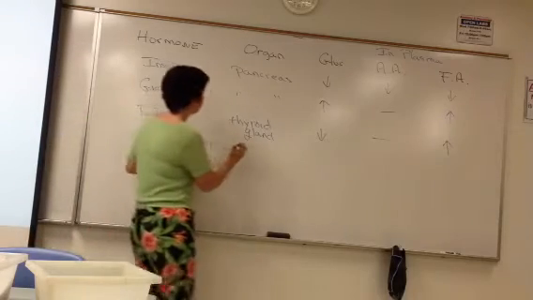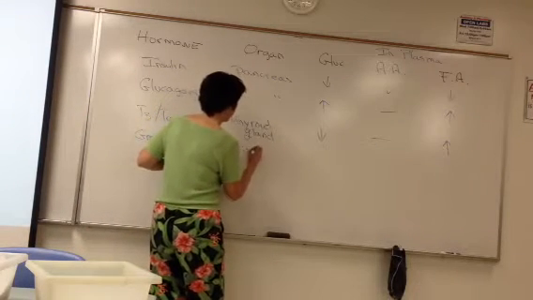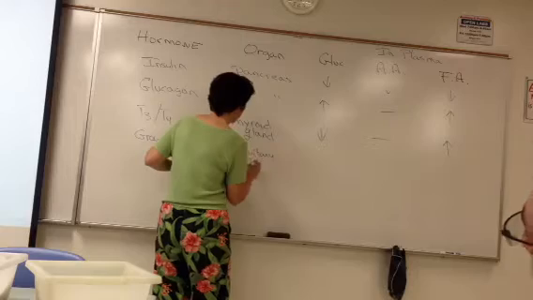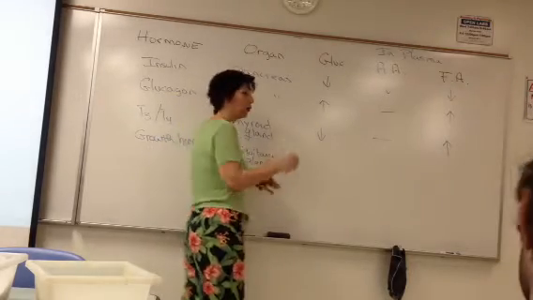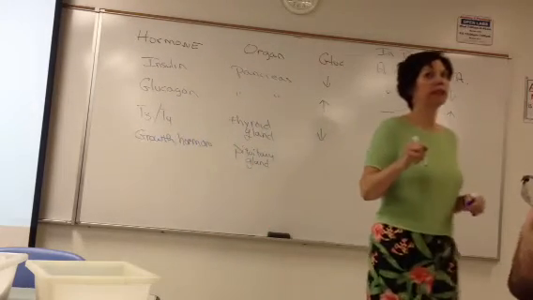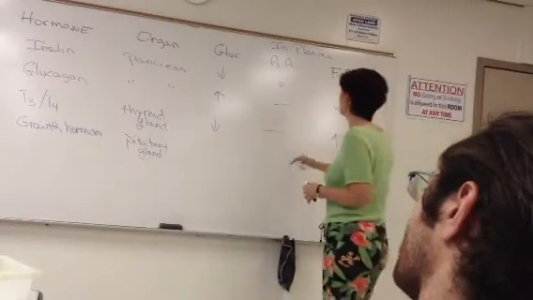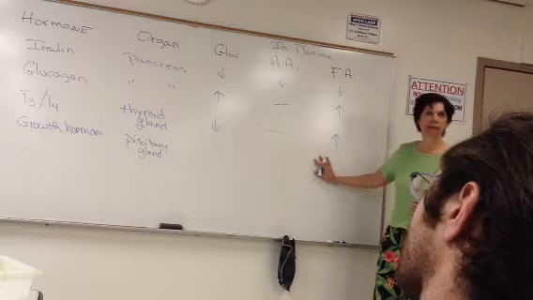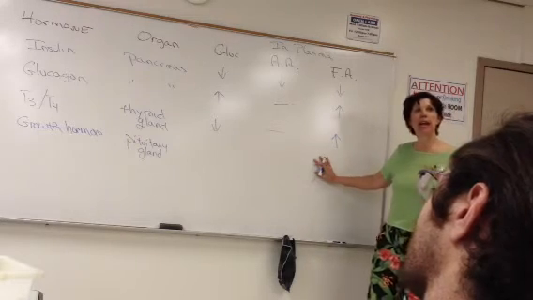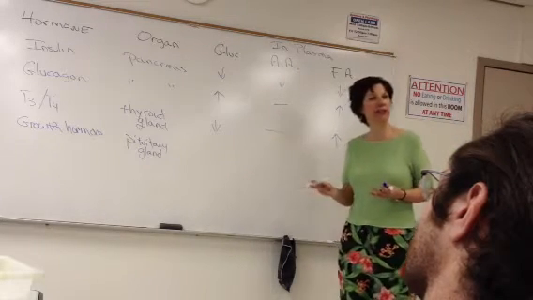But growth hormone, pituitary gland here. Switches fuel. So it's involved in gluconeogenesis trigger. It switches fuel from glucose to fatty acids. All right. So it's kind of a conundrum when you first look at it.